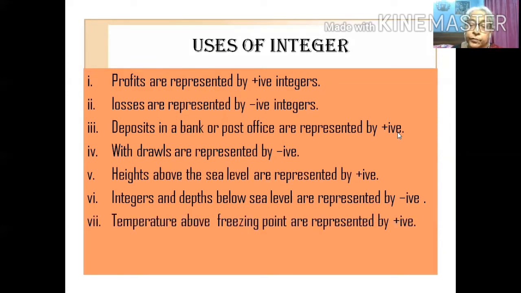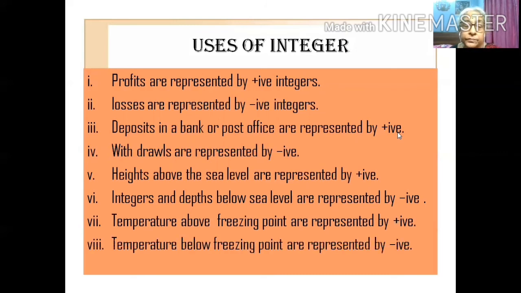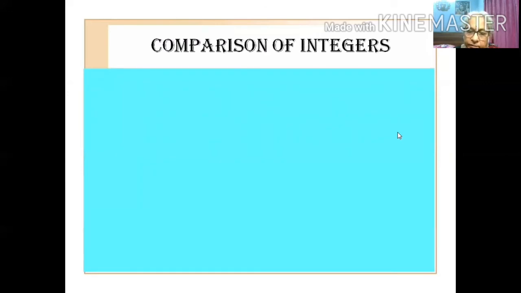Temperatures above freezing point are represented by positive integers. Temperatures below freezing point are represented by negative integers. I think now you have a great deal of understanding about the positive and negative integers.